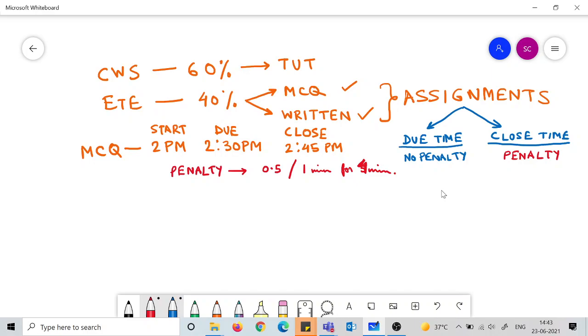And if someone thinks that they will submit later, trying to use unfair means and copying from others and taking more time in order to finish their quizzes, this penalty will actually get levied on them, and some marks would be cut from their submission because of their late submission.